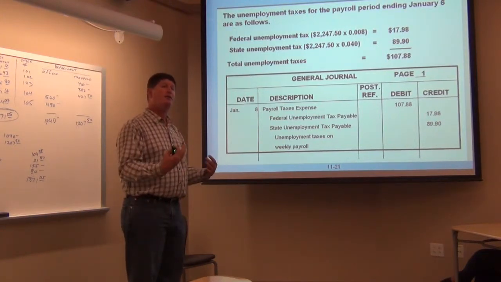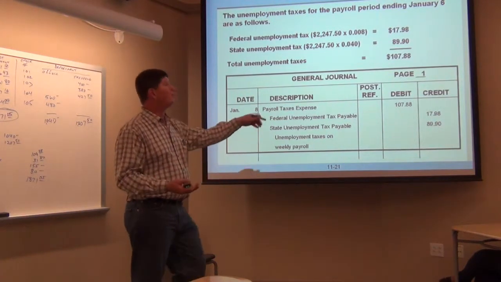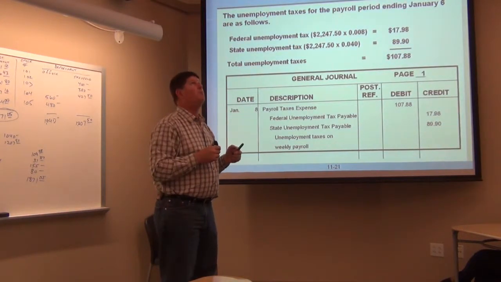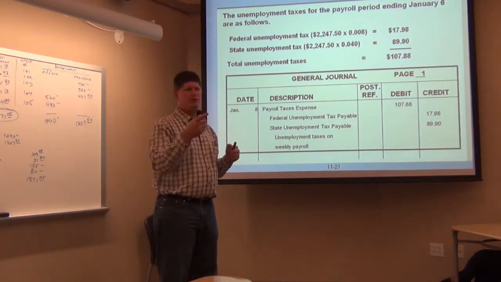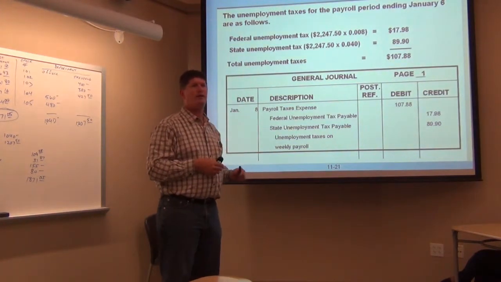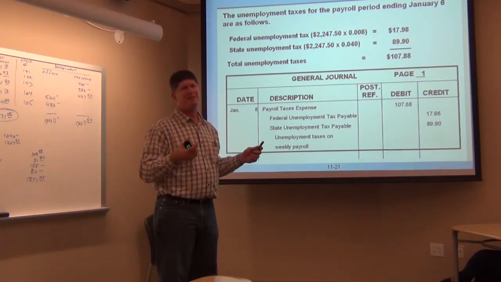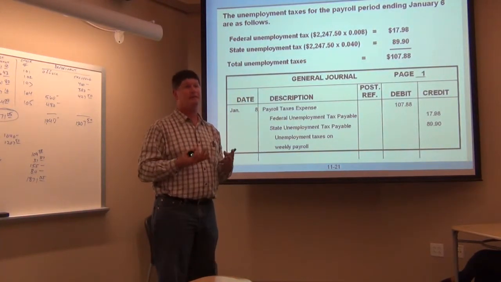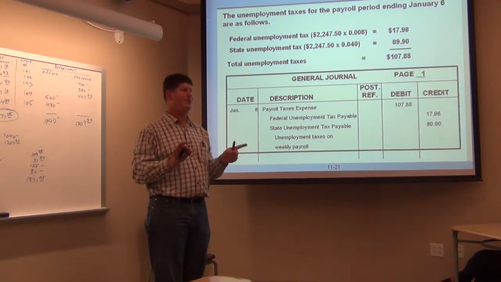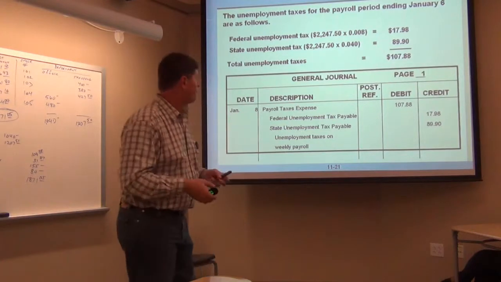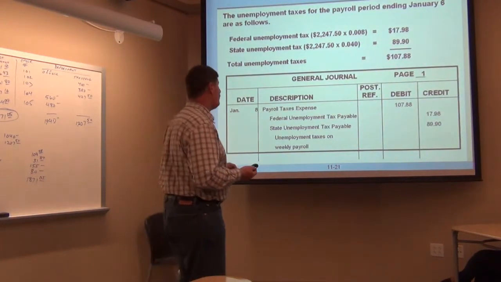So if you hire a lot of people and you lay off a lot of people, your rate will go up to that maximum of 5.4. If you're a brand new business, it will start at 3 point something, and it will go up to 5.4 very quickly, because it's kind of rigged where it's just going to go to 5.4, I believe. Again, my opinion, but I've seen it happen to everybody. So I just count on it being 5.4.